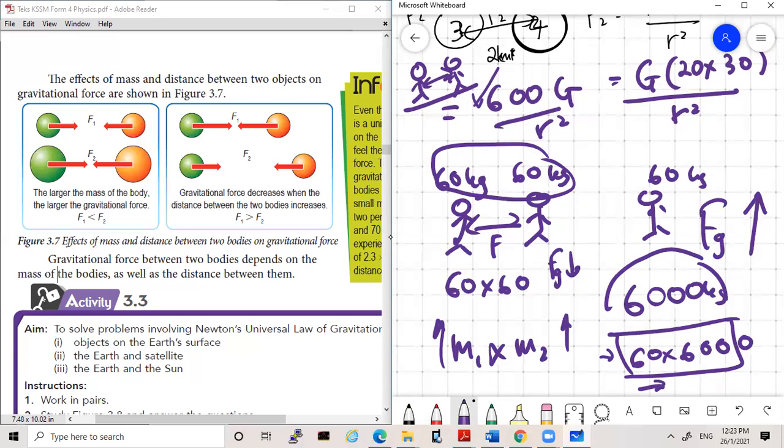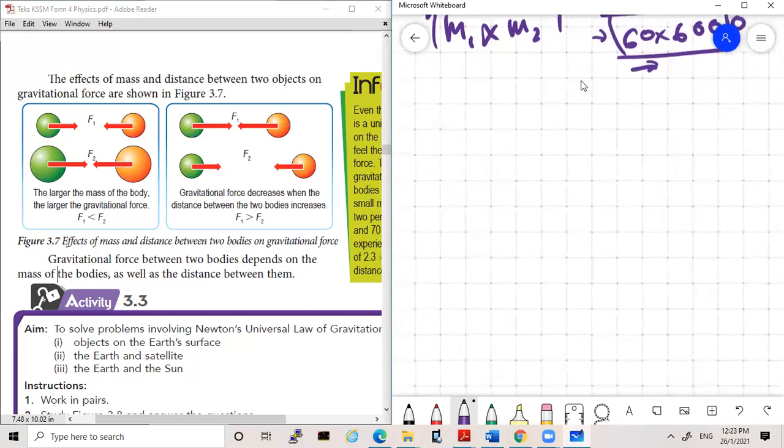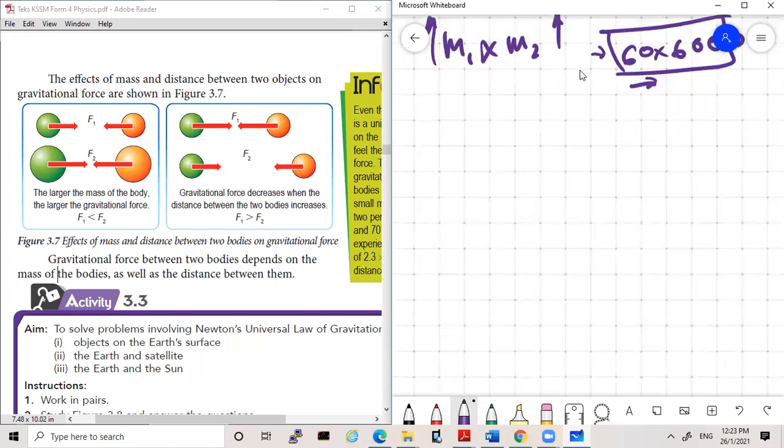Okay, next we have two other situations. For the first situation, we compare the same masses at different distances.